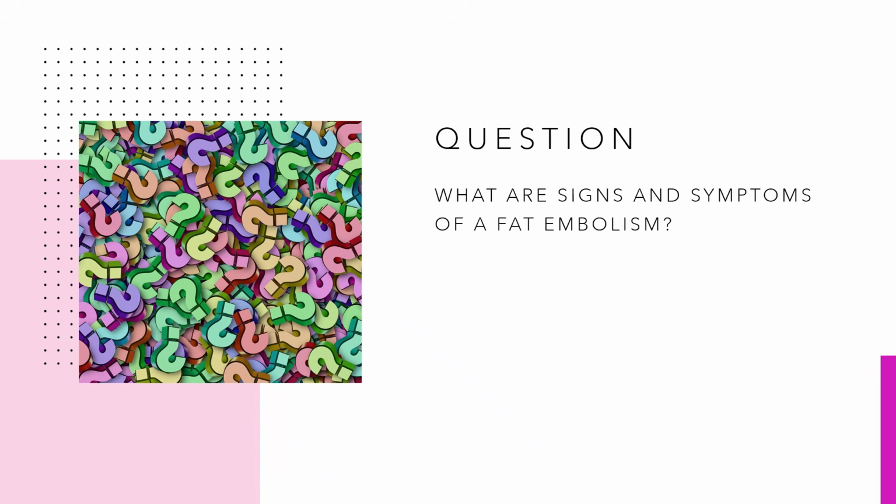So, what are signs and symptoms of a fat embolism? Like I said in class, fat embolism often occurs with long bone fractures. I think of your femur bone, right? It's a big bone.